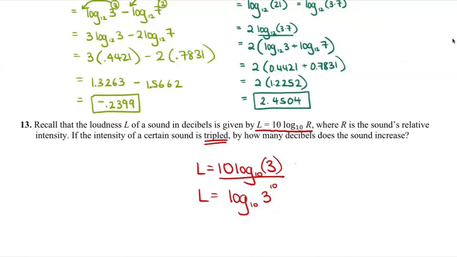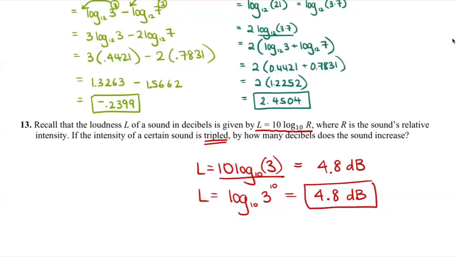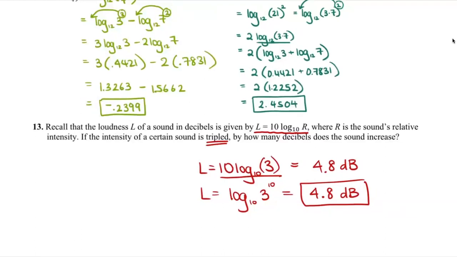So really, using your calculator, you get that either way. You would get 4.8 decibels. All right, so just to give you a little bit of context that you might see logs in. Okay, that is it for the lesson. Good luck.